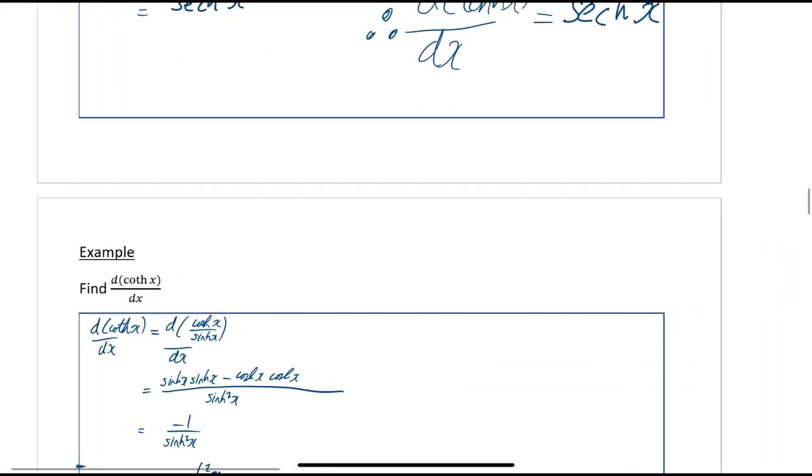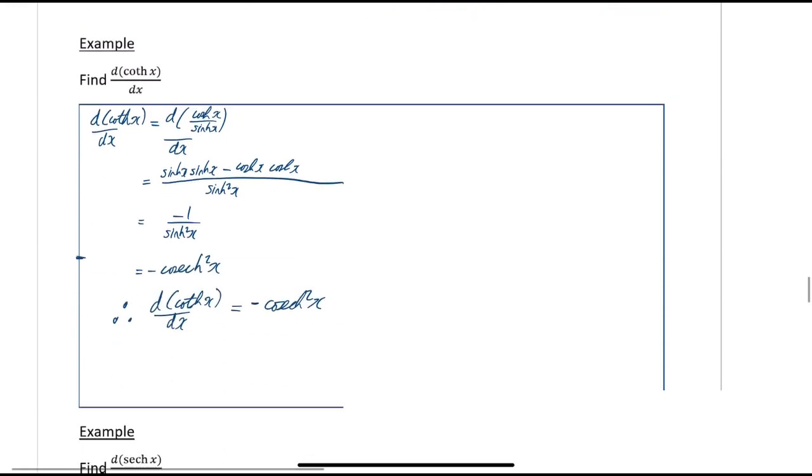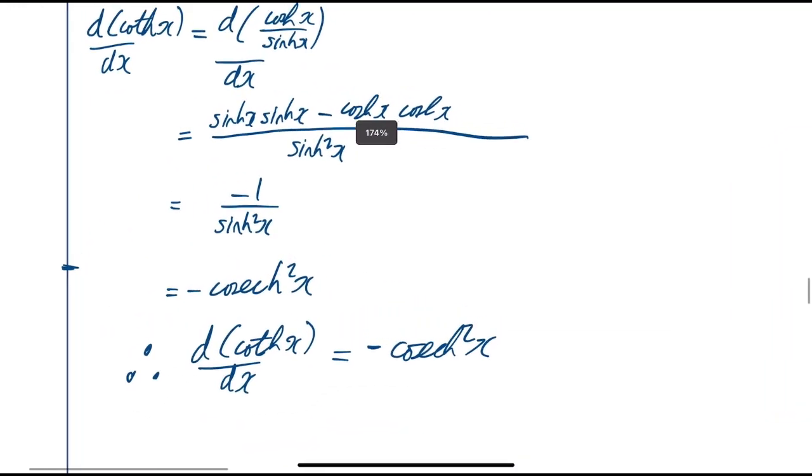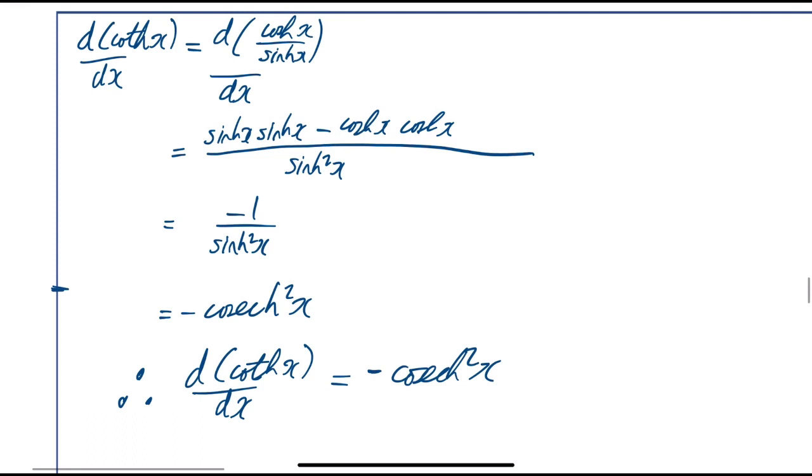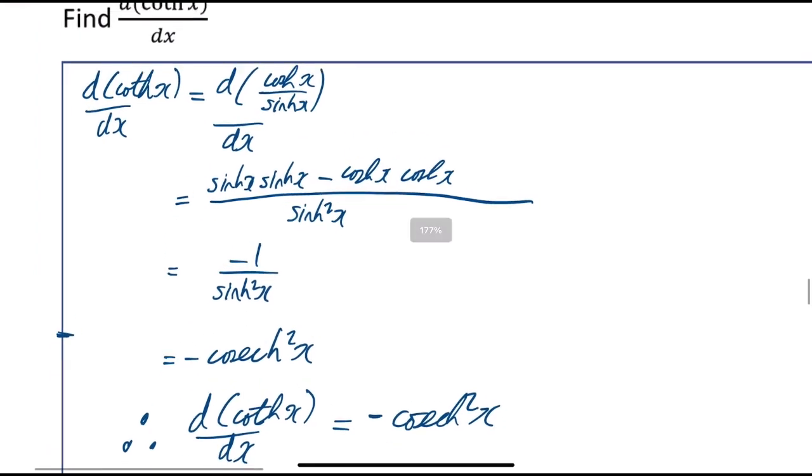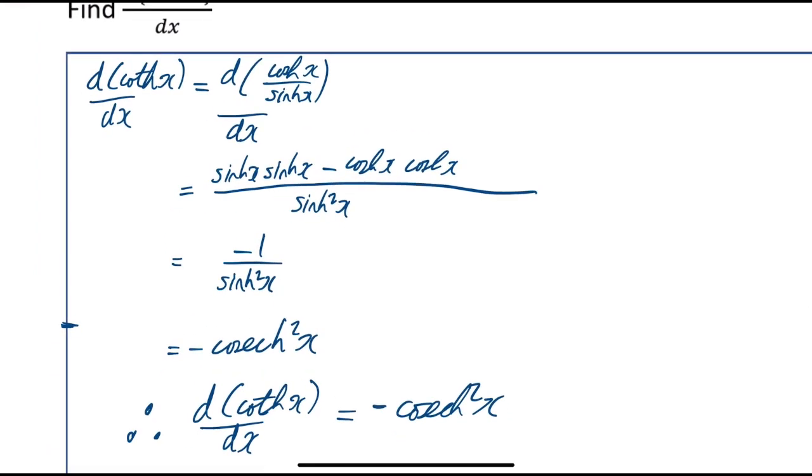Okay, next one, similar idea. I'll just talk through this one, a very similar example. Same idea, you've got your hyperbolic cot we're going to differentiate here. And you can see, you write it as a quotient of hyperbolic cos over hyperbolic sine. And then this is my v du minus u dv all over v squared.